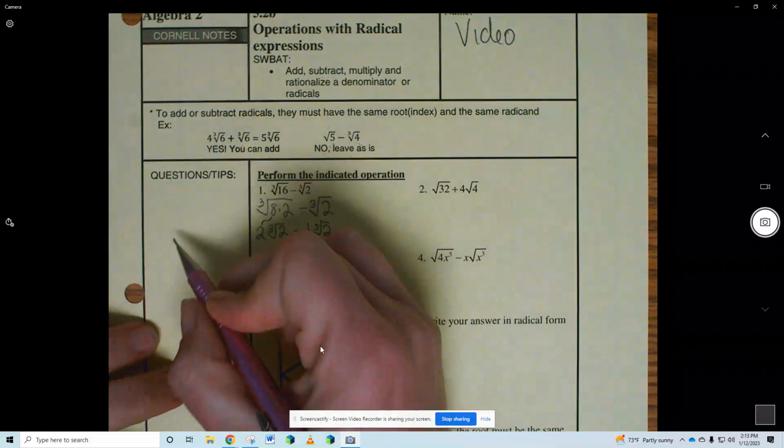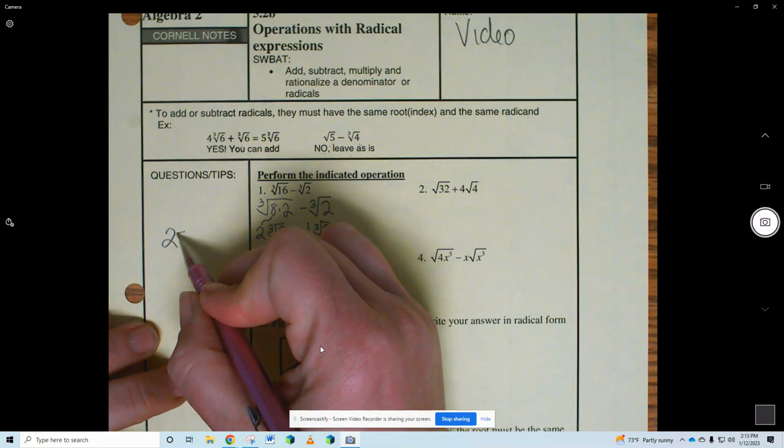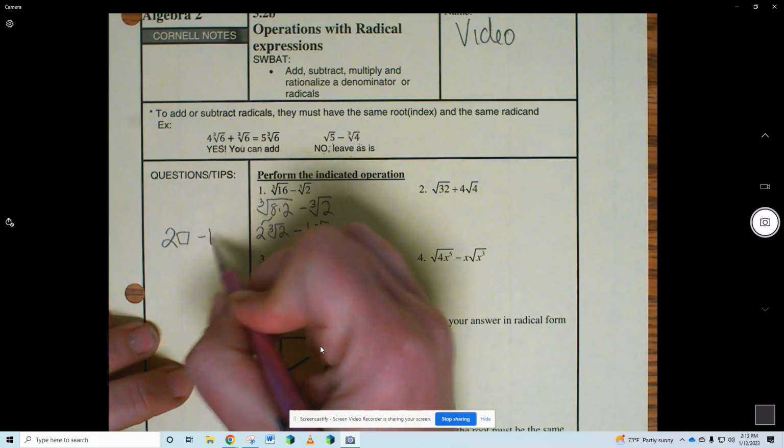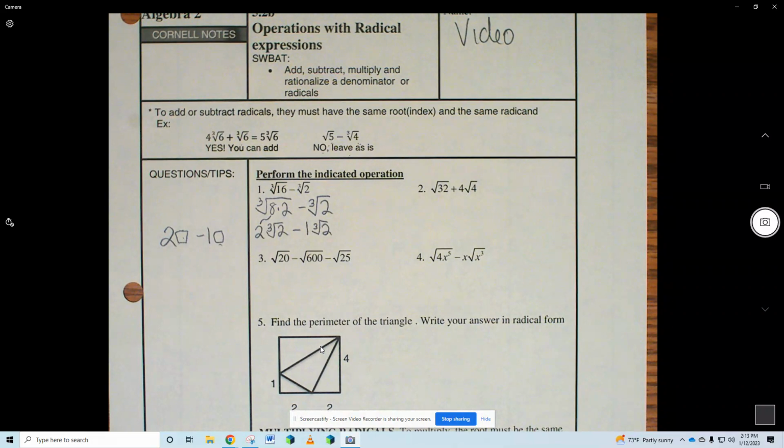I want you to just think of this as like 2 whatever, 2 square minus 1 square. Doesn't matter that it says cube root of 2. It's just 2 of something minus 1 of something. 2 of the same thing minus 1 of the same term, variable, whatever you want to call it.